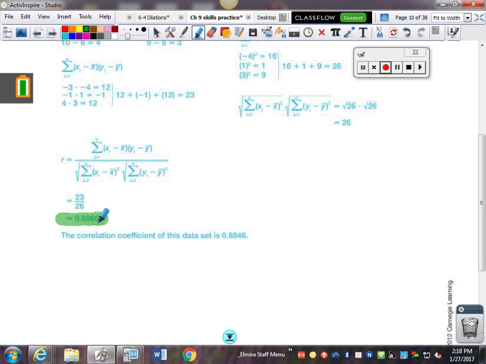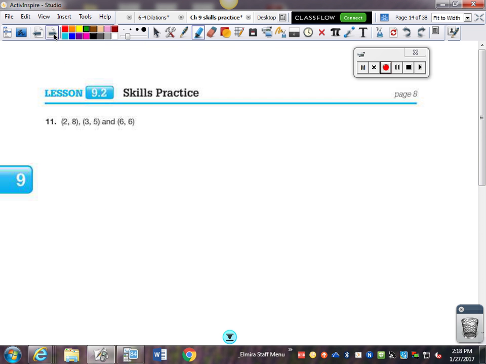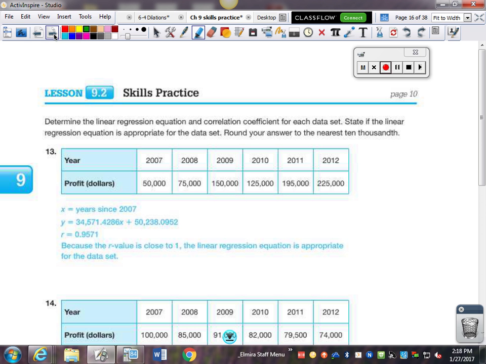So I condensed it down and put all 7 through 12 on 1 page. Again, all you're doing is pulling the R value off the calculator from the linear regression screen. Okay? And the last section. See, 1 page for every problem. We're not doing that. Okay, next I'm altering the directions a little bit.